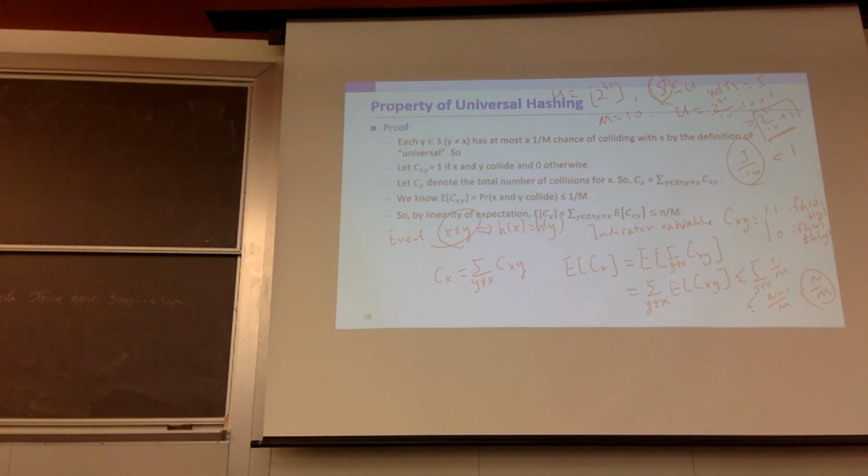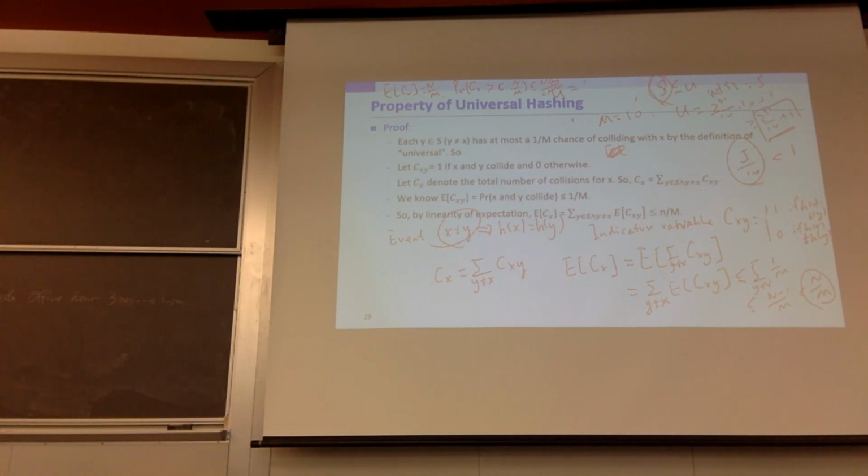Okay, and since you have this expectation, by a simple argument of Markov inequality, since you know E[C(x)] is n over m, and by Markov inequality, we know that the probability that C(x) is greater than some smaller constant c times n over m is smaller than or equal to the expectation divided by this number, so it's going to be 1 over c.